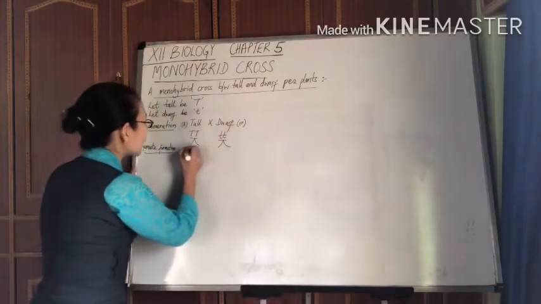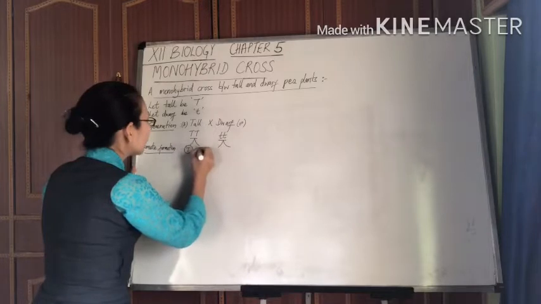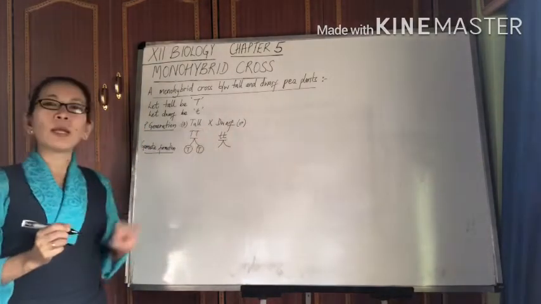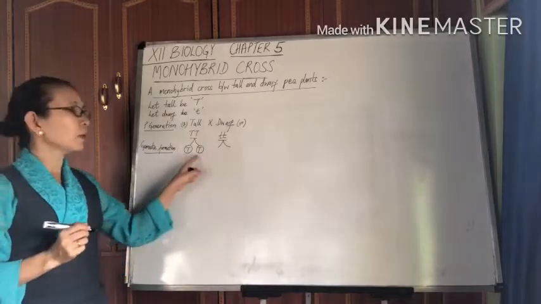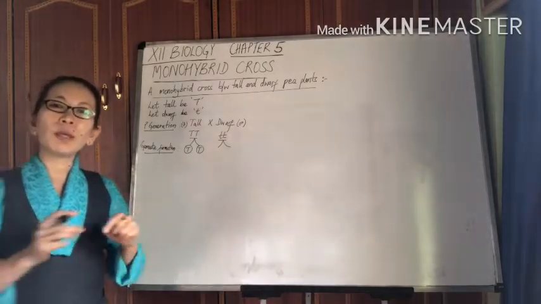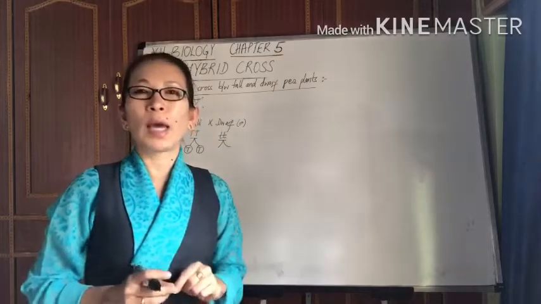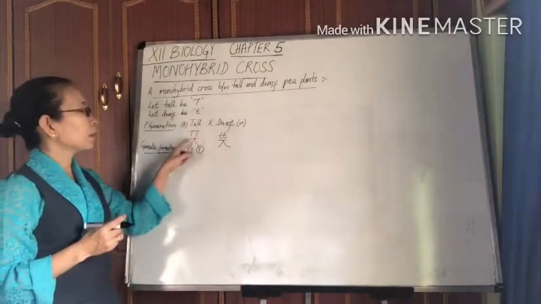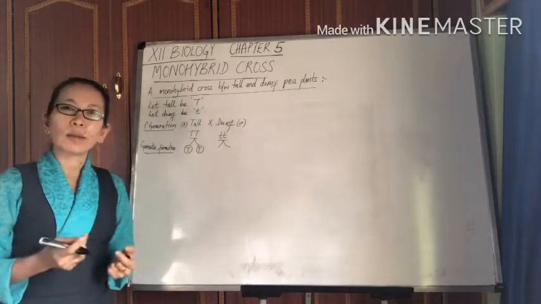And this results in 2 possible gametes from the tall female plant. They can produce 2 gametes, but both of the gametes are going to be identical because the genotype was homozygous.